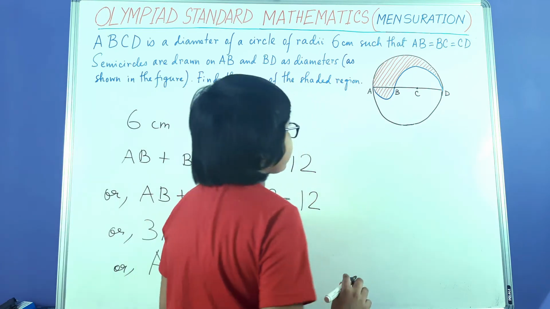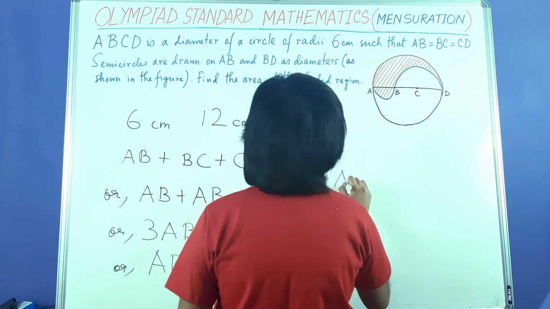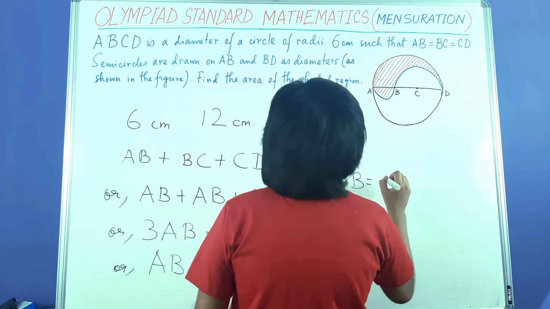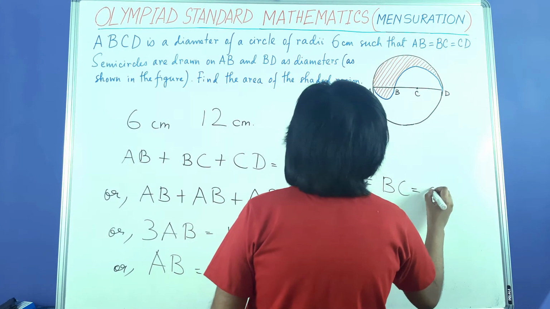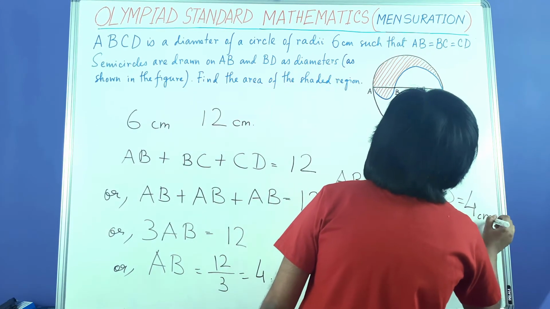So now we finally got the value of the divisions on this diameter: AB equals BC equals CD, equal to 4 centimeters.